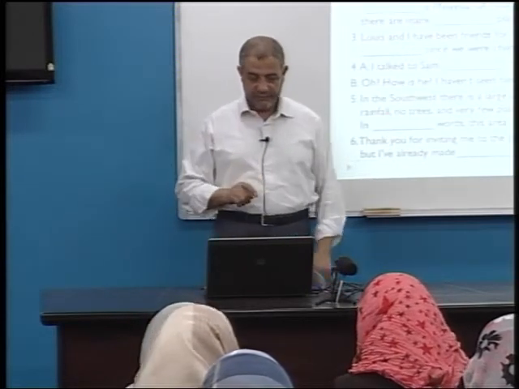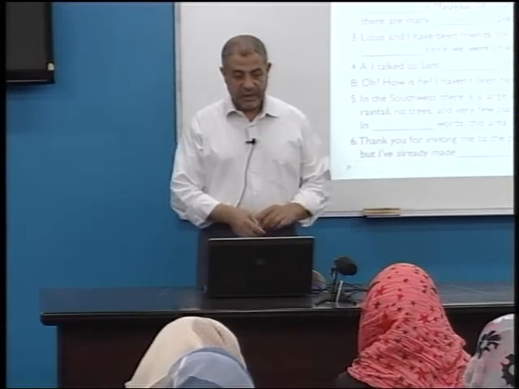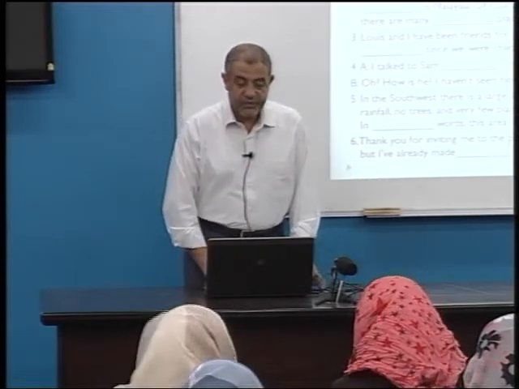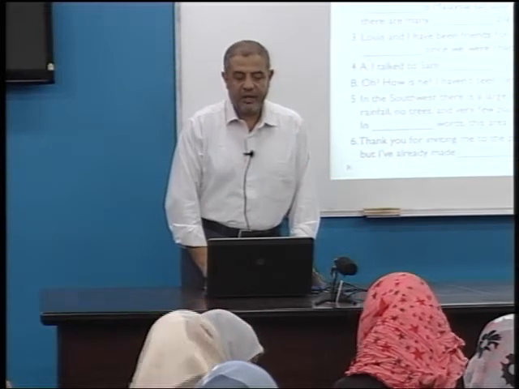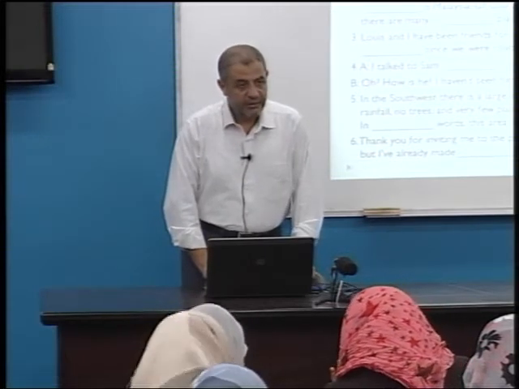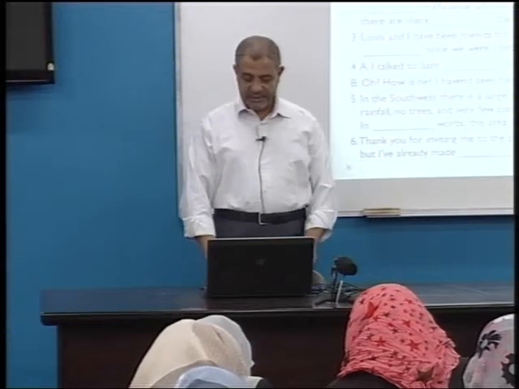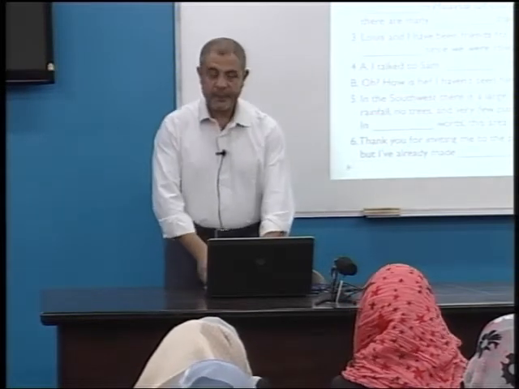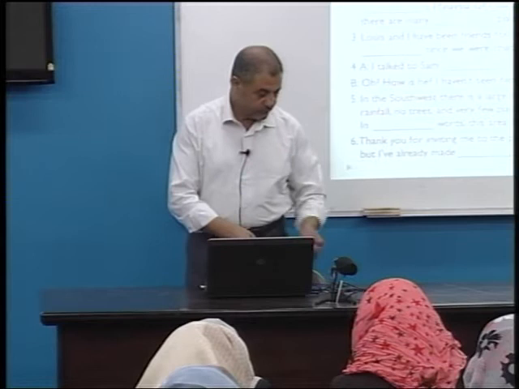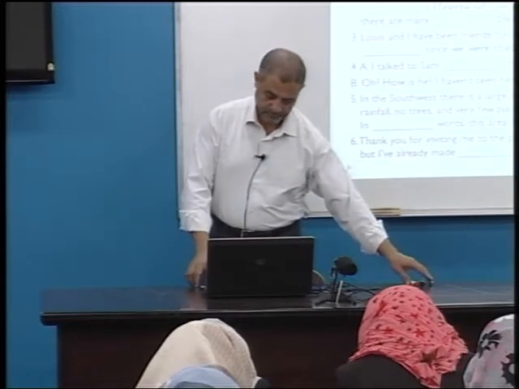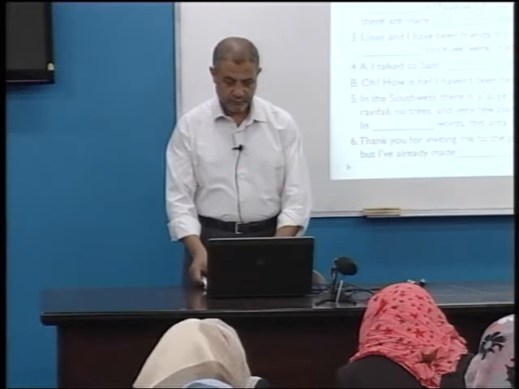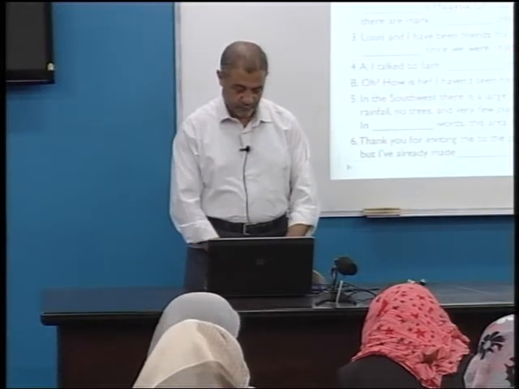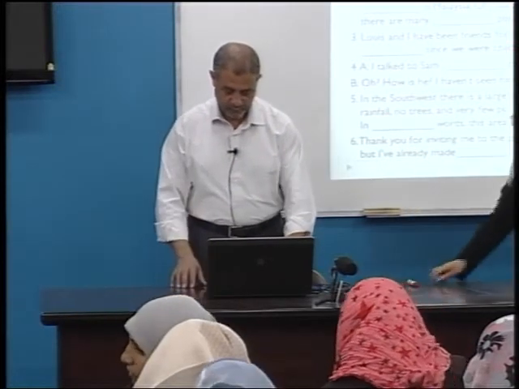Now we want to answer the questions. Exercise 1. Complete the sentences with what? A form of other. Number 1. Yes, please, come, Asma. One of the countries I would like to visit is Sweden.